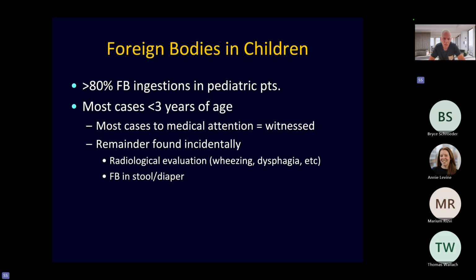So, more than 80% of foreign body ingestions are in pediatric patients. Most cases are in children less than 3 years of age. Most cases that receive medical attention have been witnessed, and the remainder are found incidentally, either on radiologic evaluation or a foreign body is seen in the stool or in the diaper.